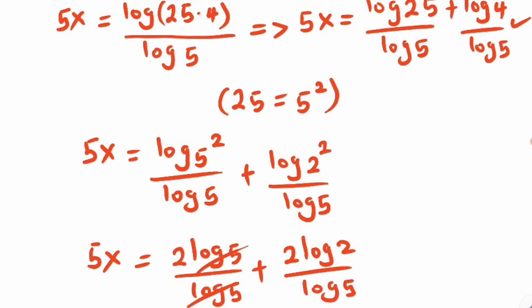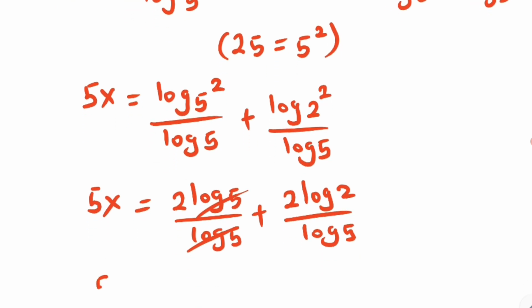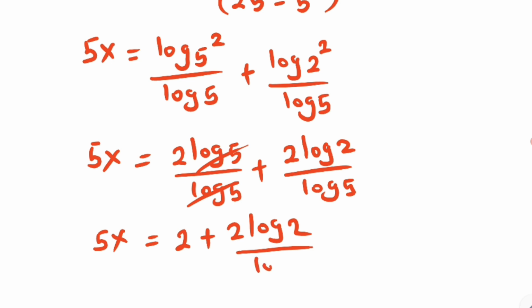This cancels this. 5x is equal to 2 plus 2 log 2 over log 5.